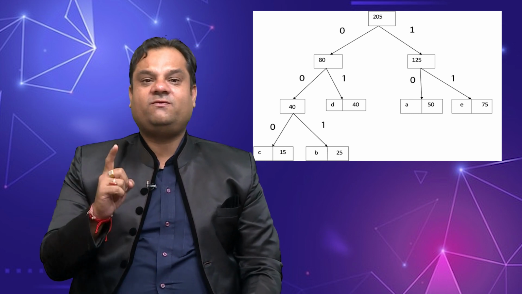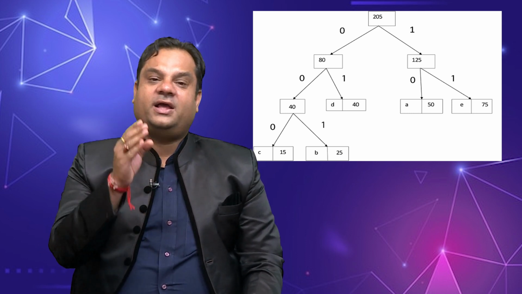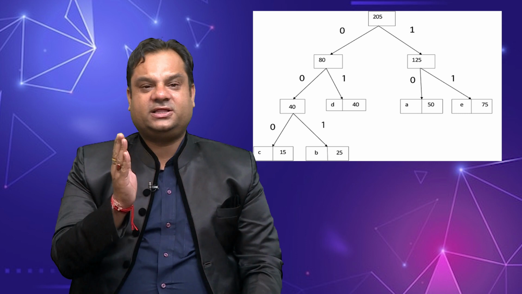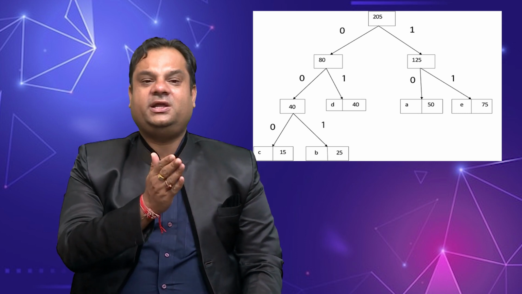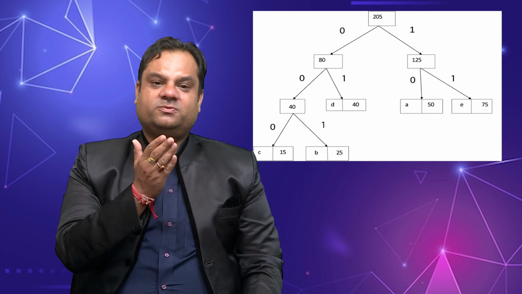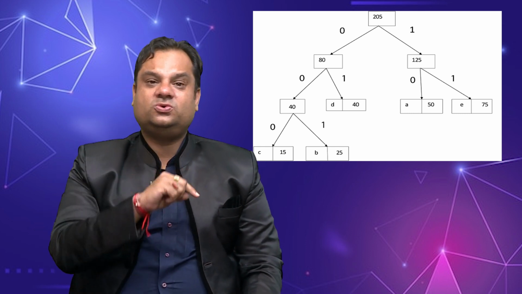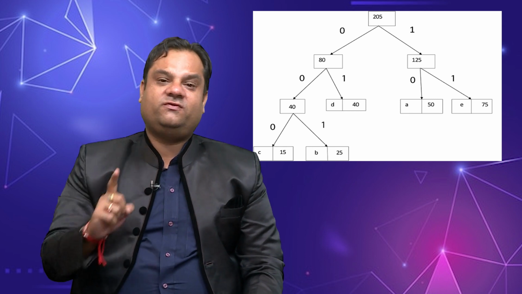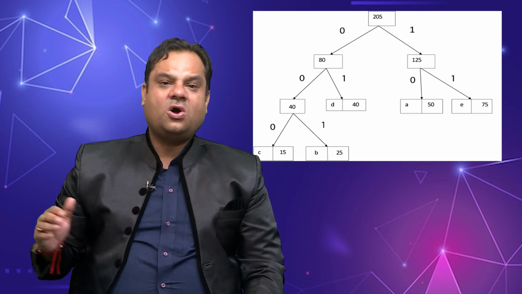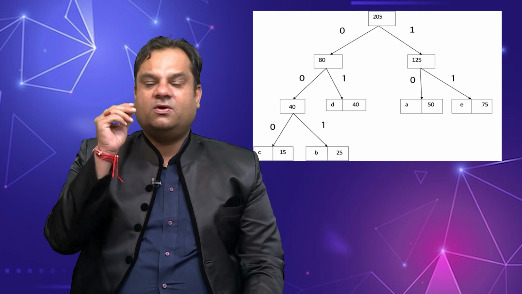So 205 will become our root node of this tree, and we connect the trees in the same pattern as we did on the previous pages. 80 is coming from 40 and another 40, and that left 40 comes from C and B. The 125, which is the right subtree of the parent node 205, is coming from the two children, A and E. So after merging all of them, this is the final tree of this Huffman code.